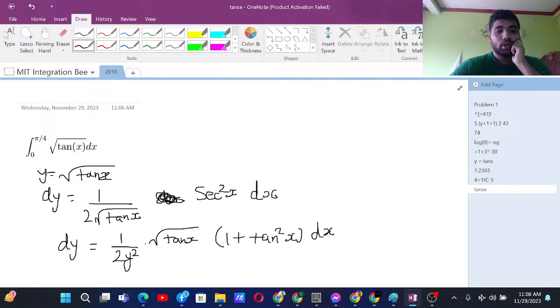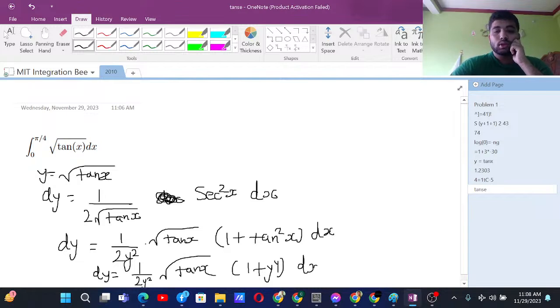Okay, and so this can also be written in terms of y. We will have dy equals 1 by 2y square root 10x, and then this will be 1 plus y to the power 4 dx.